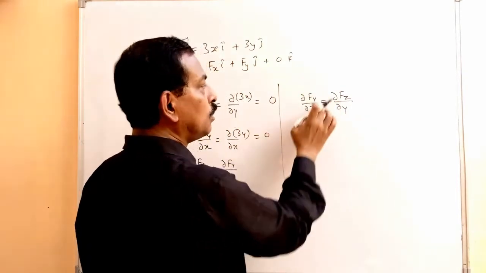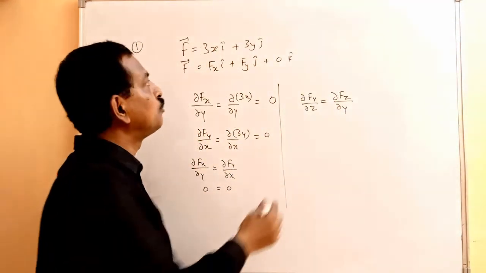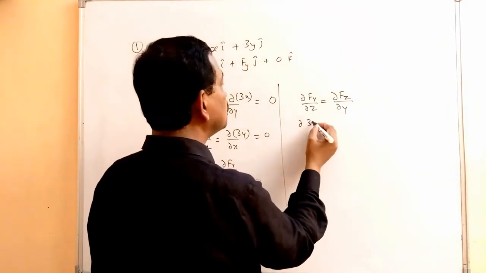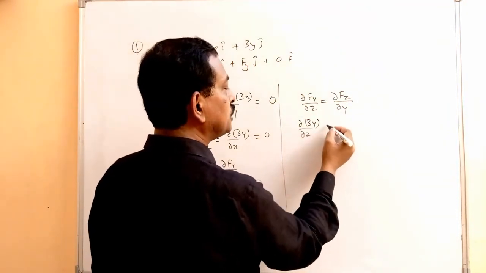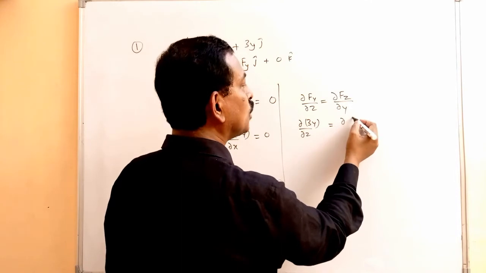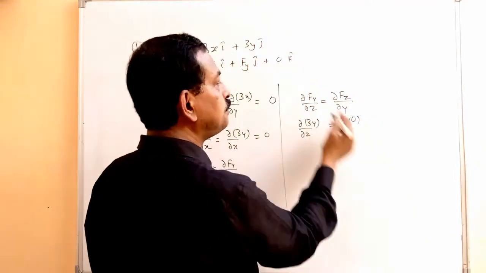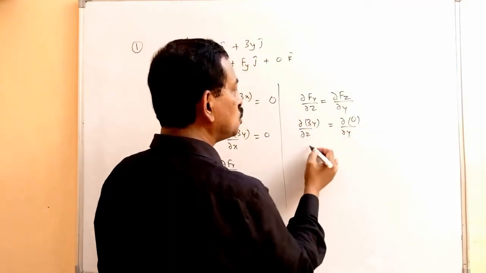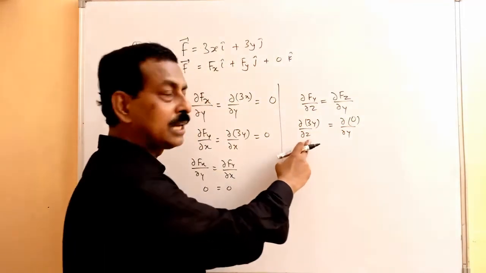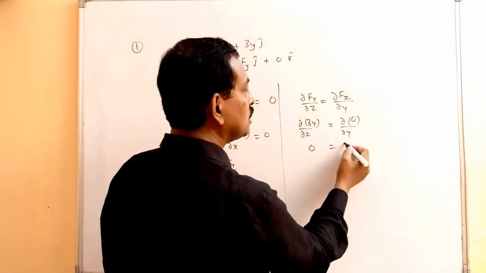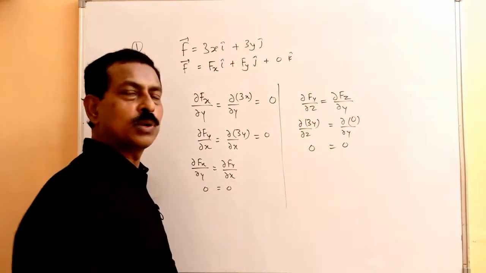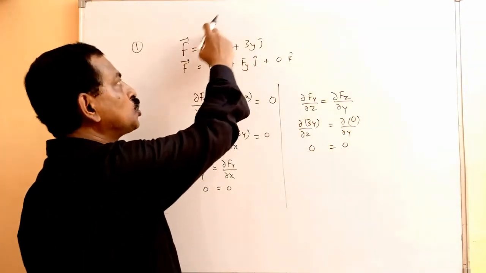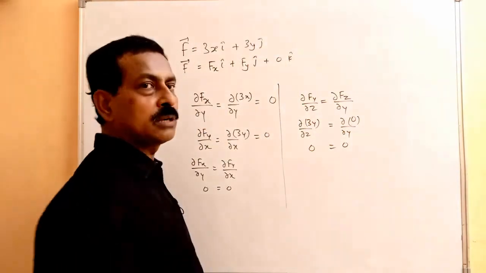Here fy was how much? 3y. You are differentiating with respect to z, and this term was your 0, fz. So 3x partial derivative with z, 0, this is 0. So this is also equal. Similarly, we can show it for the x and z terms there.